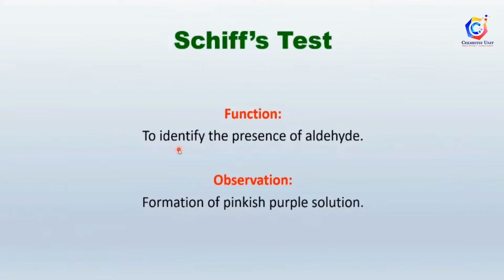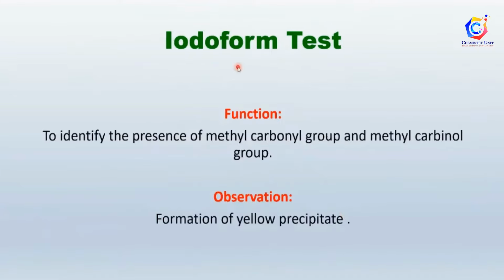Schiff test is used to identify the presence of aldehyde, and the observation is formation of pinkish purple solution. Last one, the Iodoform test, is used to identify the presence of methyl carbonyl group. The observation is formation of yellow precipitate.